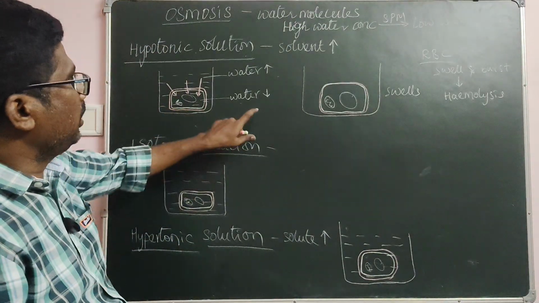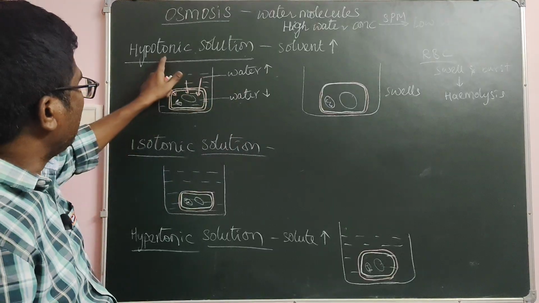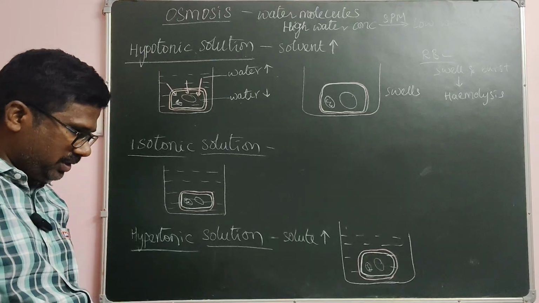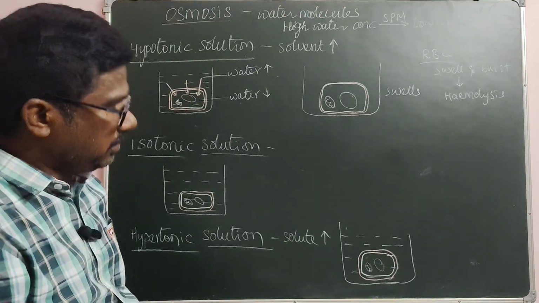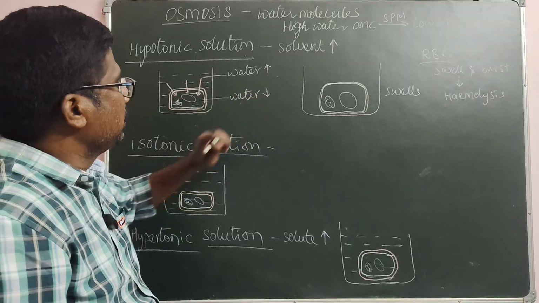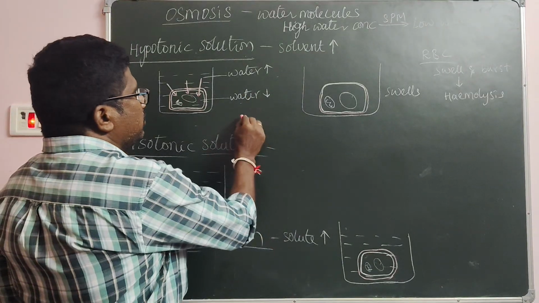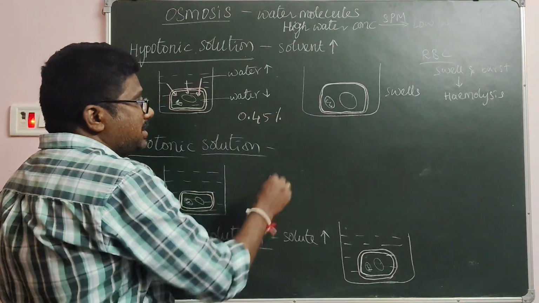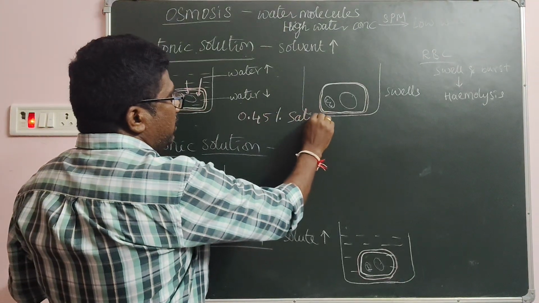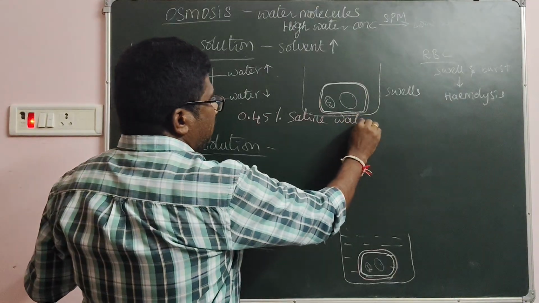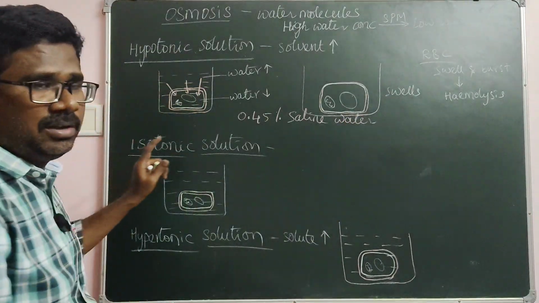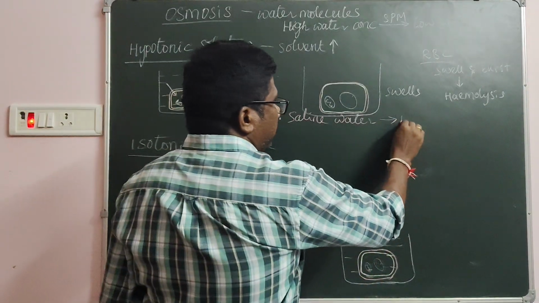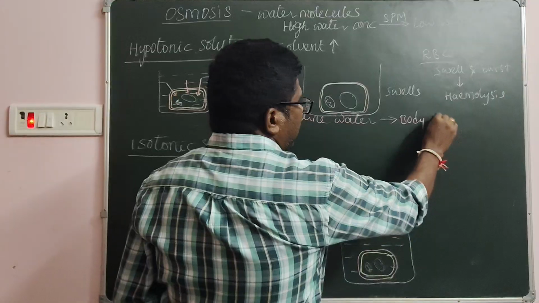Do we use hypotonic solutions anywhere? Yes, hypotonic solutions, saline, right? 0.45 percent saline water bottles will be there. These saline bottles will be injected into the body when the body cells are dehydrated.